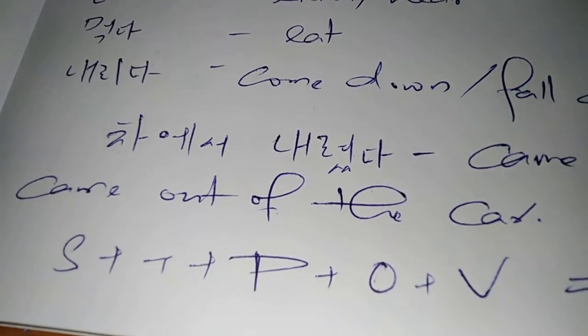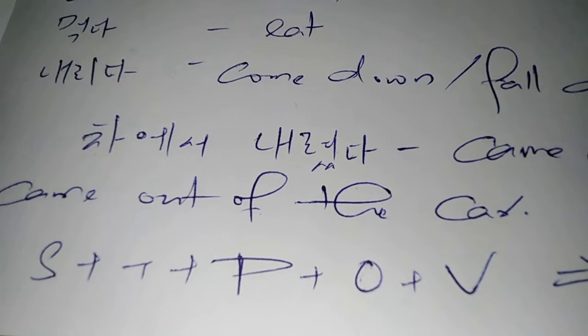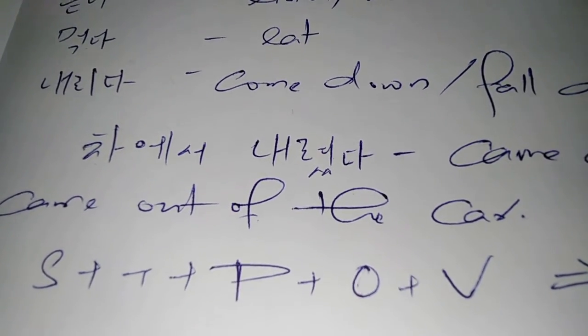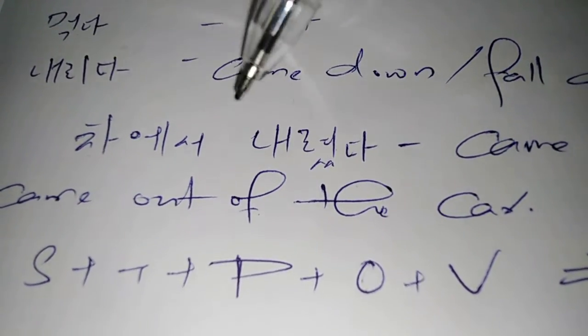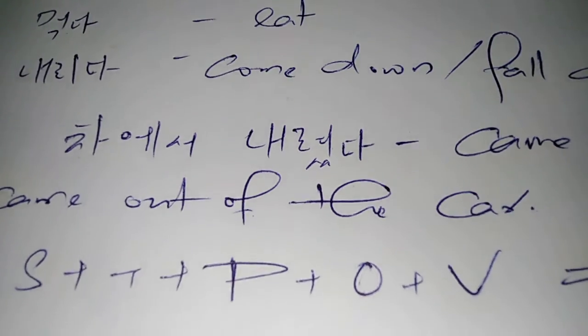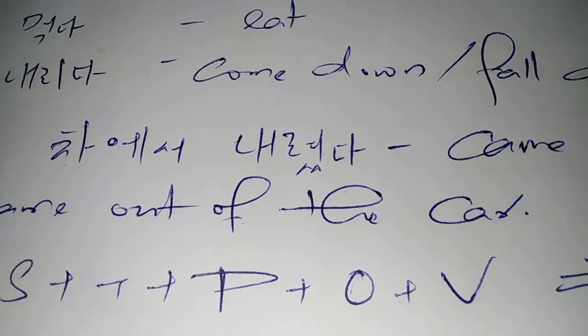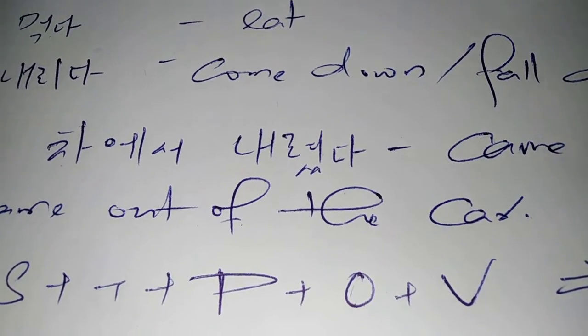Suppose we say, like the last example, we saw 비 or rain coming down or falling down. Another example is 차에서 내렸다. So 차 can mean 2 things. One is tea, that is the tea we drink, and the other is car.